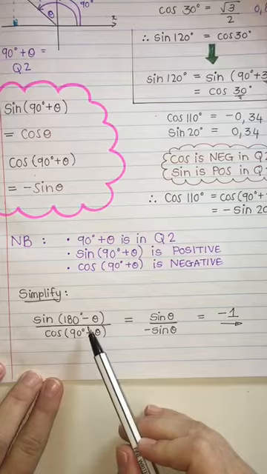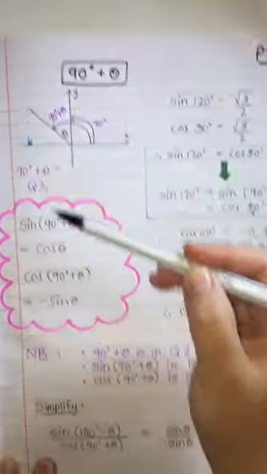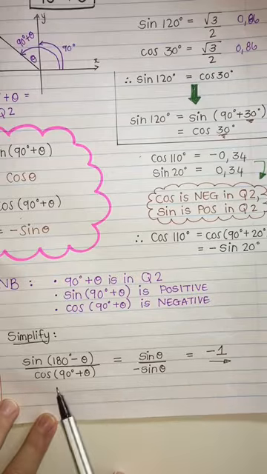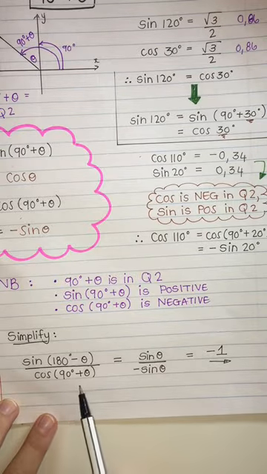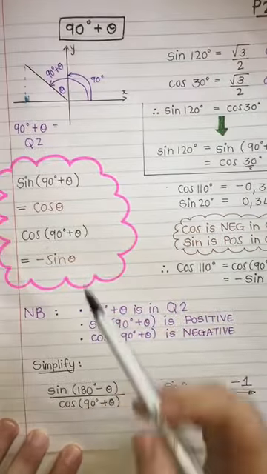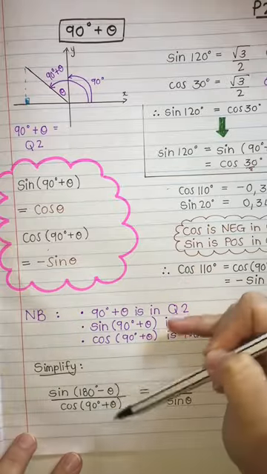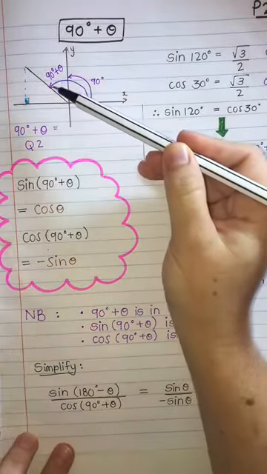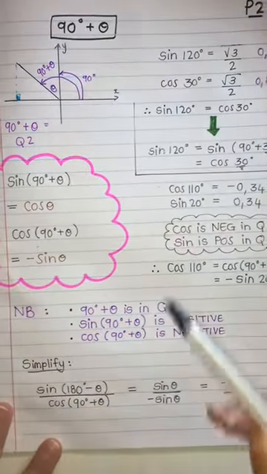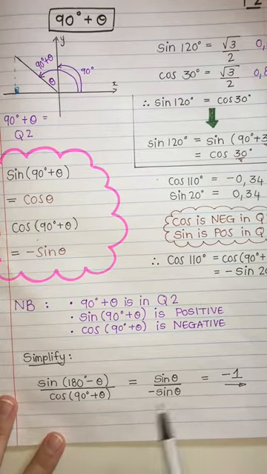And this one also falls in the second quadrant, so sine is positive. Now, cos of 90 degrees plus theta is the same as negative sine theta, because this angle falls in the second quadrant and cos in the second quadrant will give us a negative answer, but the same as sine theta.